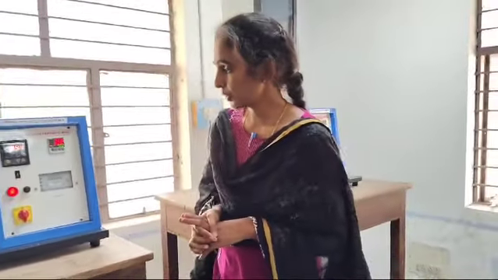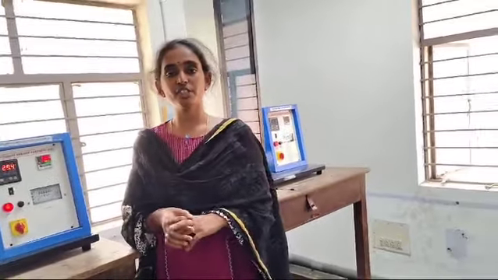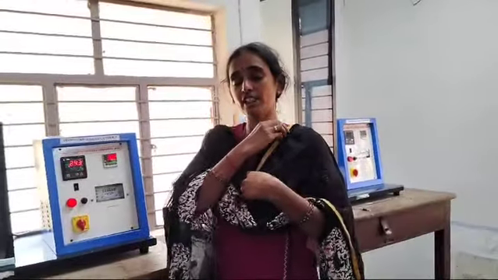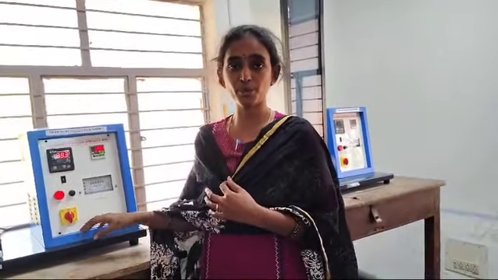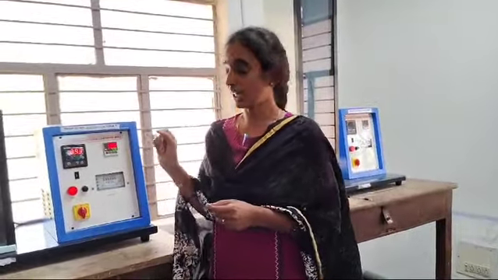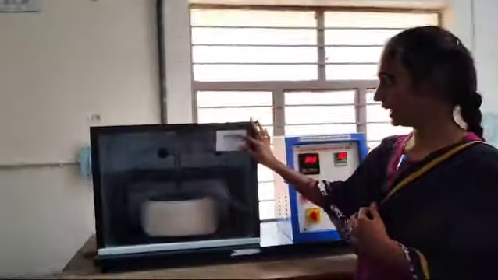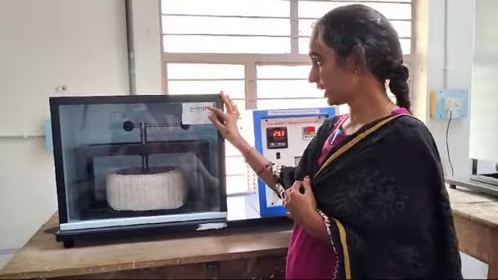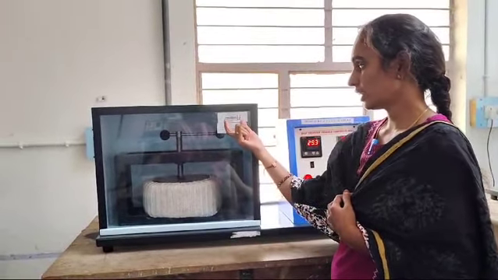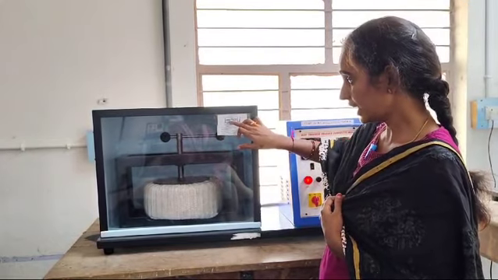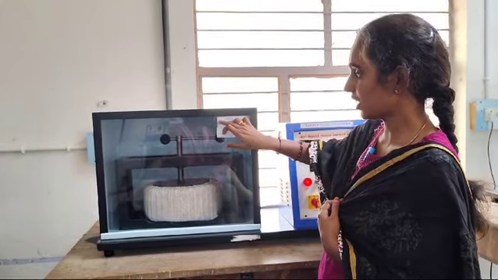Coming to the experimental procedure, first we have to take the initial values at time t equal to 0, that is, without giving input to the system, from T1 to T8. T1 to T8 are the temperatures of the composite wall. The interface temperature of the heater and the cast iron is called T1.